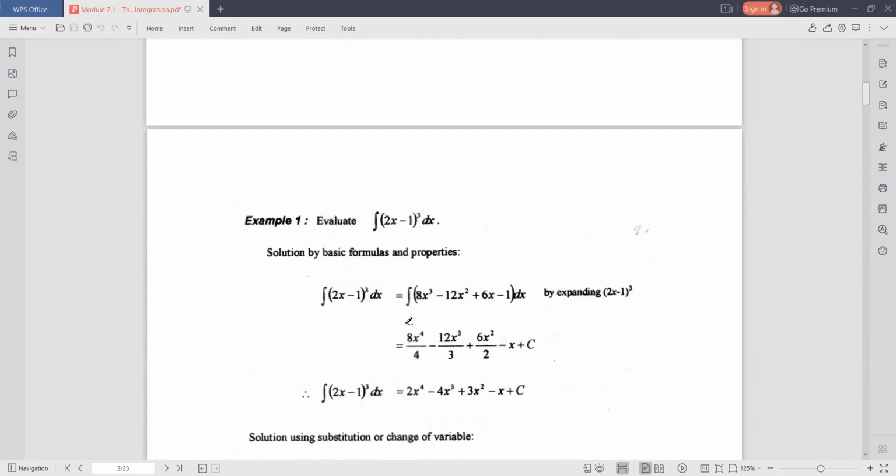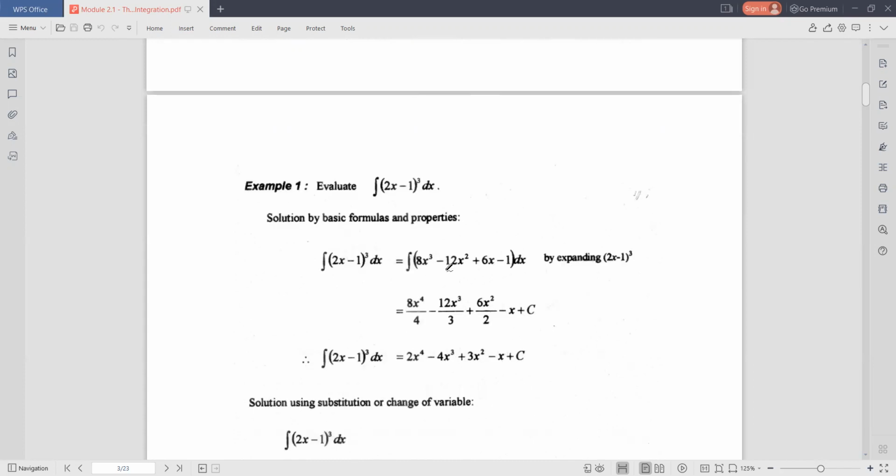So we have integral of 2x minus 1 quantity cube dx. So we expand our given problem. So i-expand natin yung 2x minus 1 cube. So it results to 8x cubed minus 12x squared plus 6x minus 1 quantity dx.